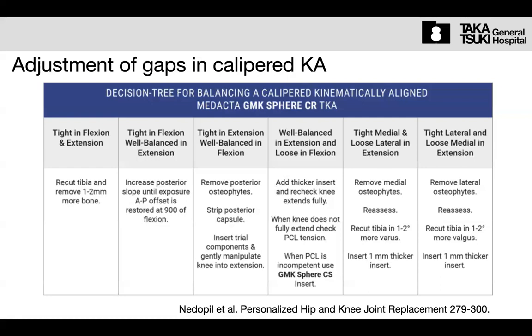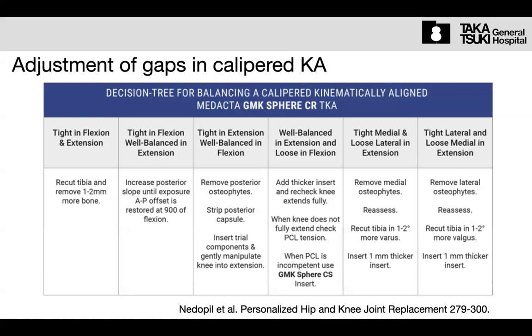But if we find this one, another solution is to cut the distal end of the femur. I think that is enough. But in this concept, in this philosophy, they don't want to change the femur articular surface.